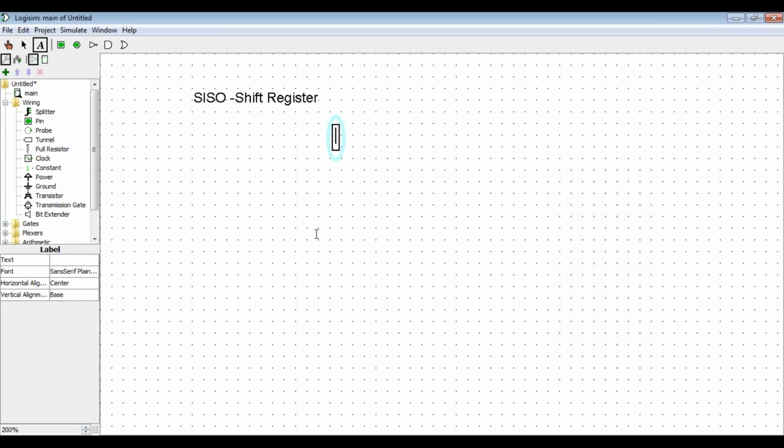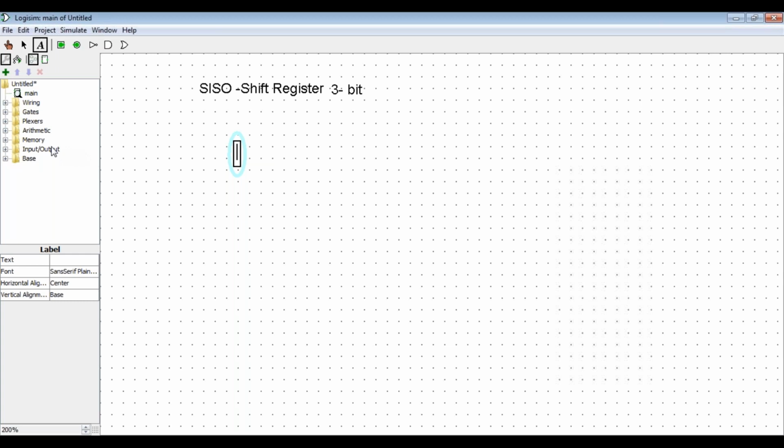I'm going to implement the serial in serial out SISO shift register by using Logisim software. Here I'm taking a 3-bit shift register. I think you all know, if you are going for a 3-bit shift register, we need 3 flip-flops.